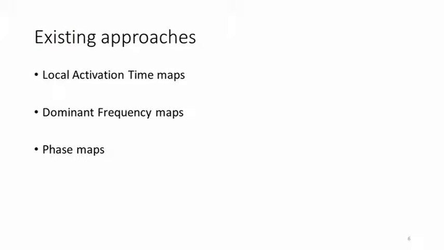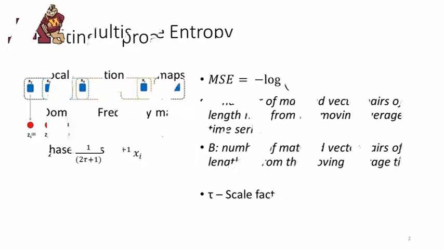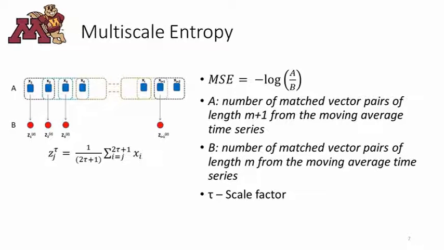Existing approaches such as local activation time maps, dominant frequency maps, phase maps fail to identify consistently the location or the sites of rotors. Therefore, multiscale entropy is a method that was developed to identify the core of the rotors using electrogram signals. Multiscale entropy determines the complexity of short-term time series signals.